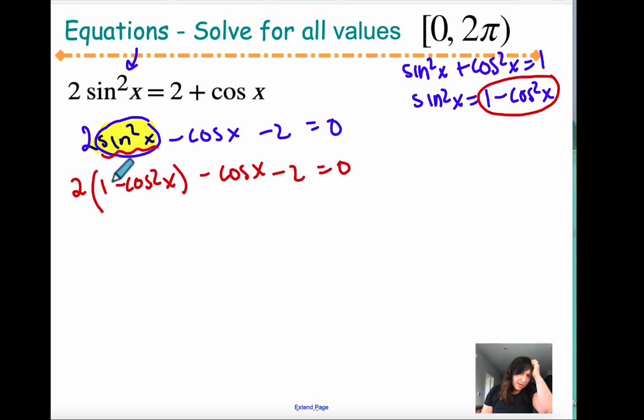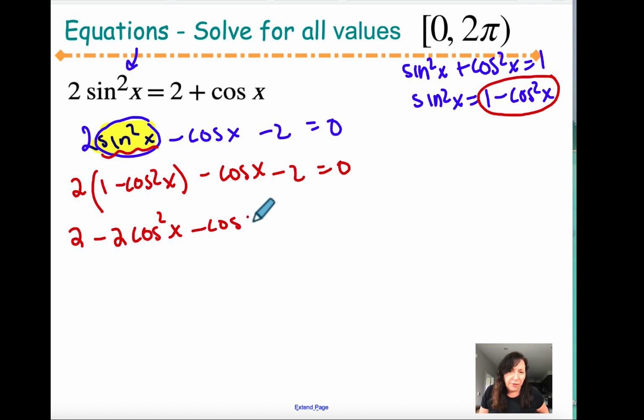And so I do need to distribute. I get 2 minus 2 cosine squared of x minus cosine of x minus 2 equals 0. Oh boy, 2 minus 2 is going to go away.